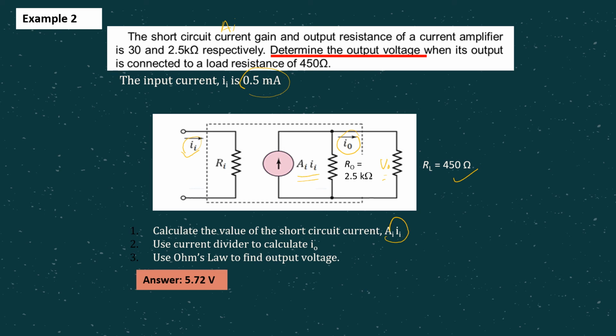AI is given, II is given, so you can find this value, right? Then using current divider, you can calculate I0. Then once you find I0, remember you can just use Ohm's law to find the output voltage, because V0 is given by I0 times RL.